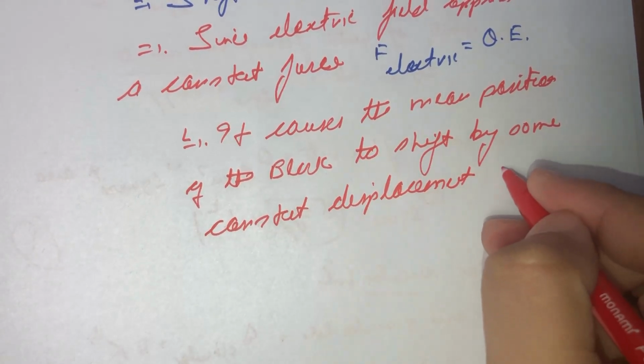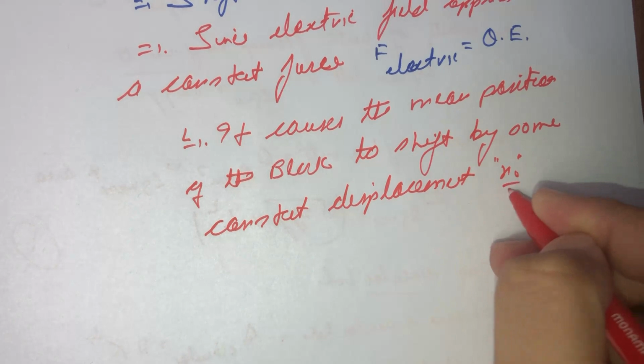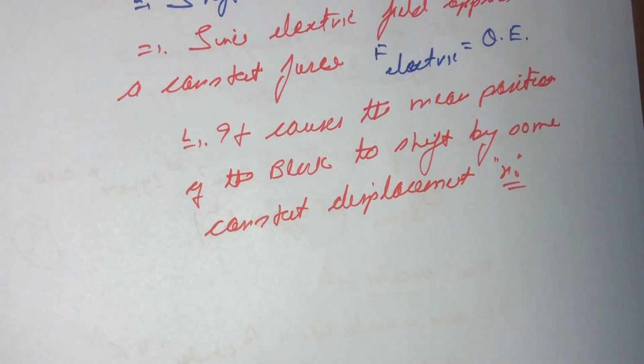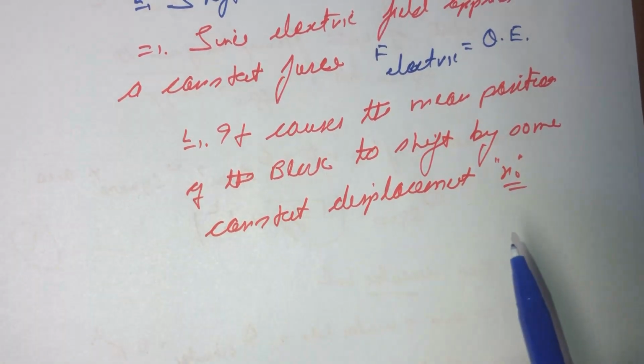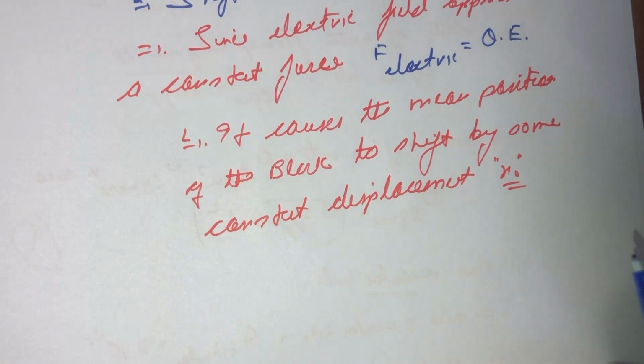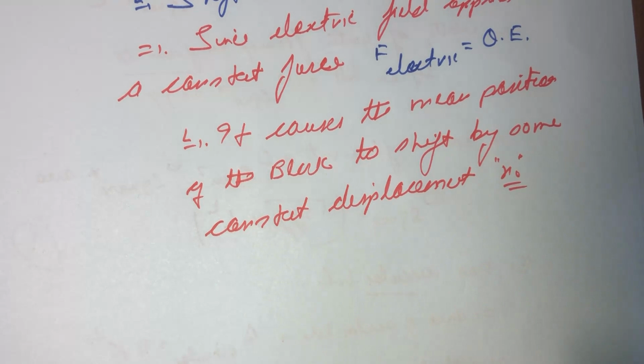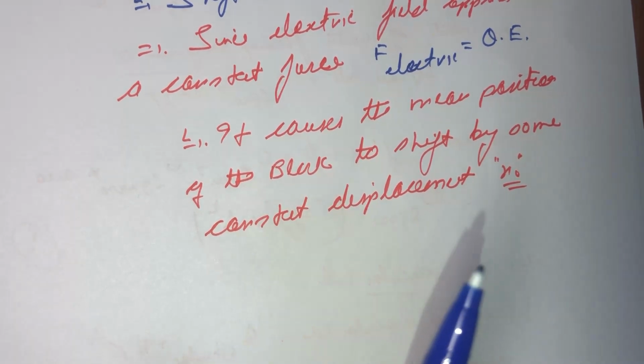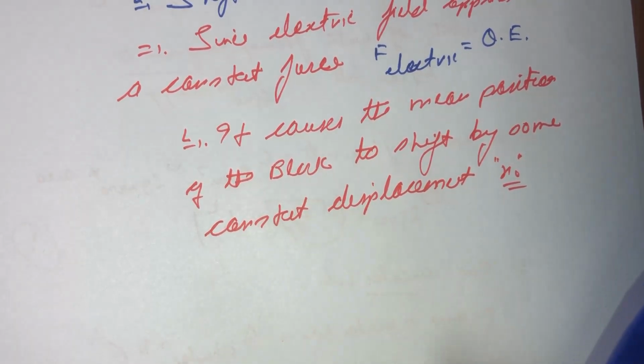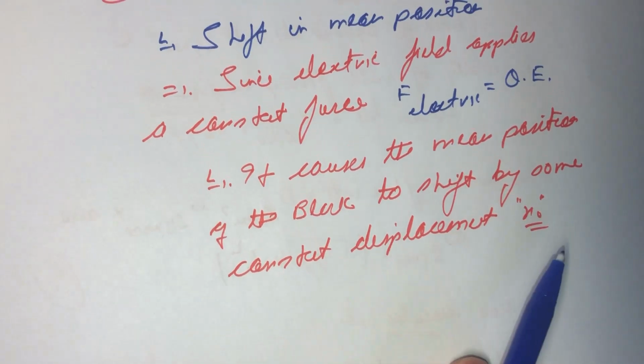Let us call this x naught. And this position x naught we can easily find out, because as soon as the spring force becomes equal to the force being applied because of the electric field, that will be the position of our x naught, that is the shifted mean position.